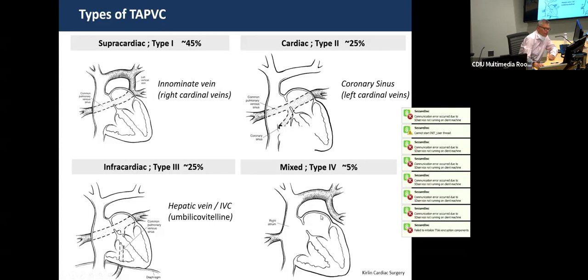And so it forms a right angle post-repair, where the anomalous vein is draped over the left hilum, the left bronchus, and the left pulmonary artery. So it's often kinked right at that level and can be very challenging to address. I think that's still one of the unsolved problems in pulmonary vein surgery, this particular morphological subtype.